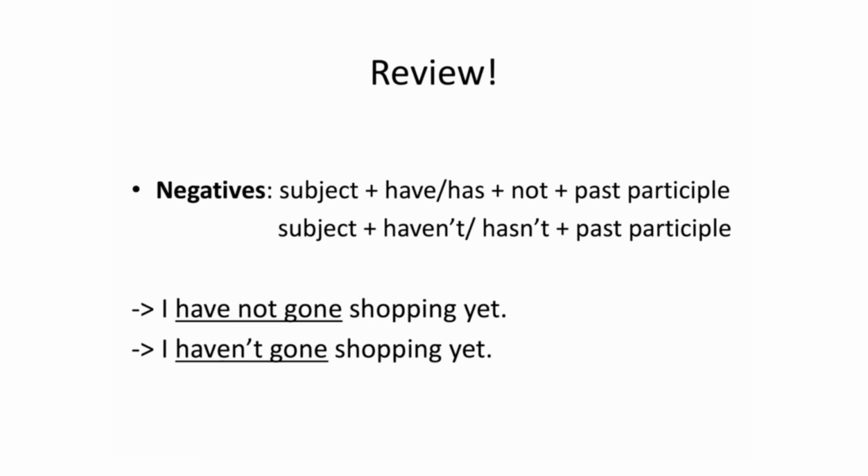To form negative sentences in the present perfect, we follow the structure subject plus have or has plus not plus past participle. We can also contract the auxiliary with the adverb not, therefore creating haven't and hasn't. I have not gone shopping yet. I haven't gone shopping yet.